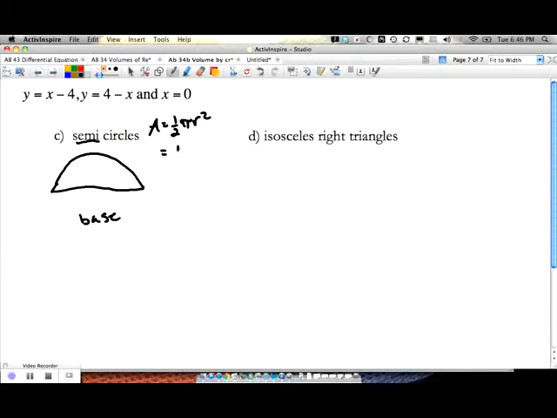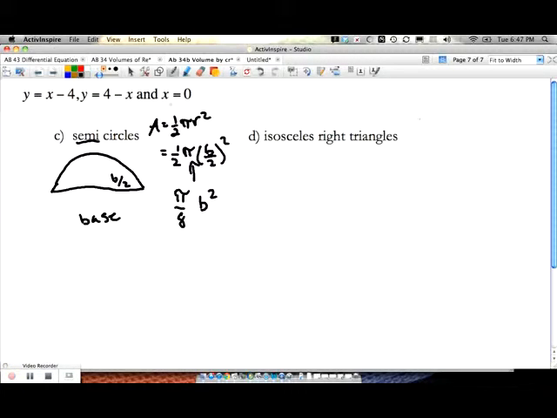But in this case, r is equal to the base over 2, so it's going to be b over 2 quantity squared. Ooh, it looks like I missed something before, because this constant needs to be b over 2 squared times a half. That's going to be pi over 8. So I missed that on one of the earlier problems, pi over 8 b squared.